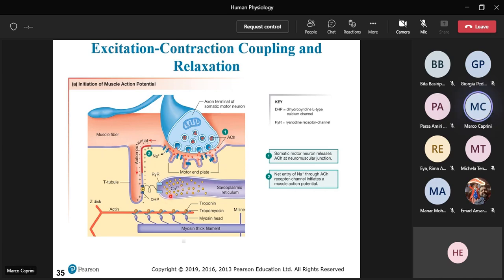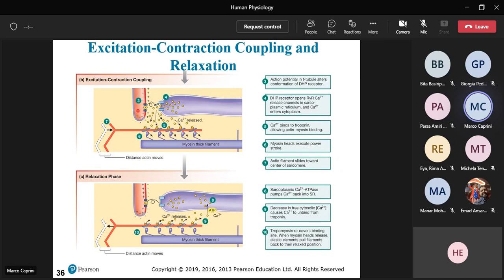Let's see the next figure. The action potential arrives at the end of the T tubule. The T tubules, other than the voltage gated sodium and potassium channels, contain the DHP receptor, dihydropyridine receptor.